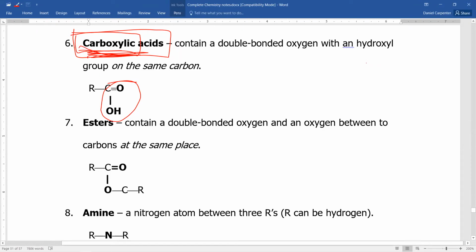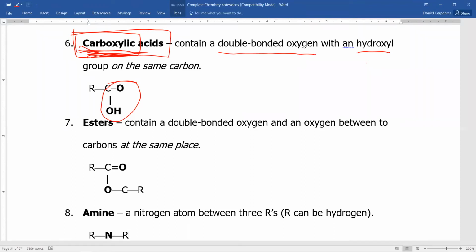So these are carboxylic acids. Notice that it is made of a double bonded oxygen, which would be like an aldehyde, and a hydroxyl group, which would be like an alcohol. So it's kind of like an aldehyde and an alcohol at the same time.